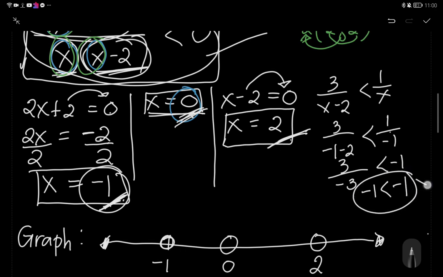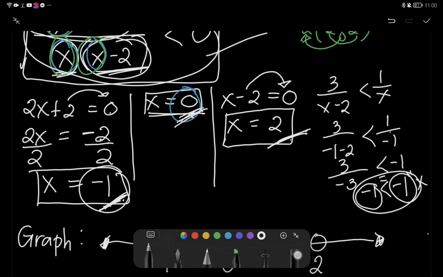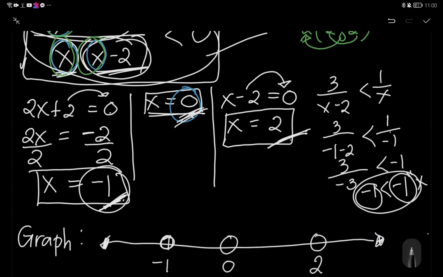This is false because they are the same, negative 1. It should be an equal sign to be true, but the sign used is less than. This is false. So, negative 1 is not part of the solution.